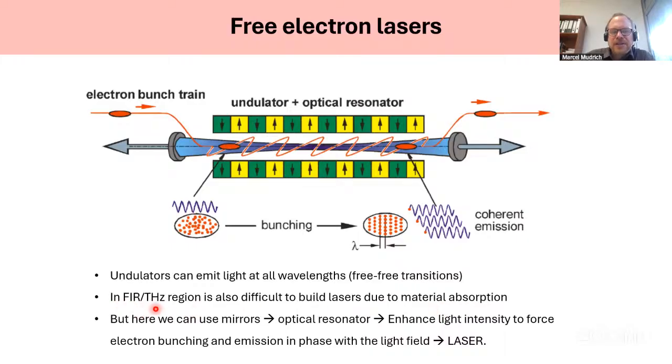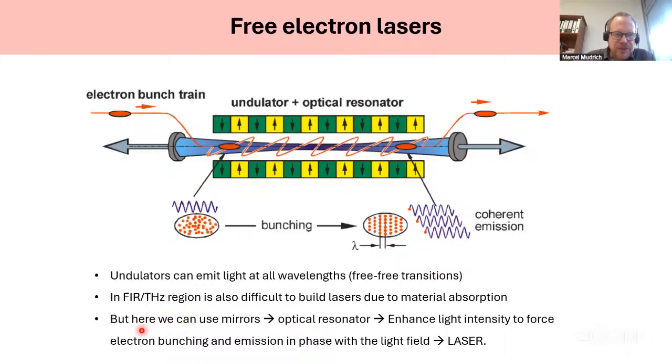It's very hard to build a conventional laser in the far infrared or terahertz region. So free electron lasers are actually a nice way of creating intense radiation in this range.